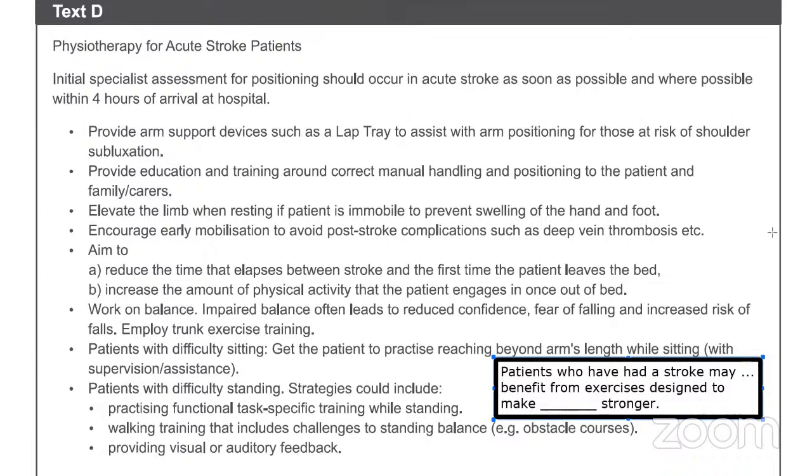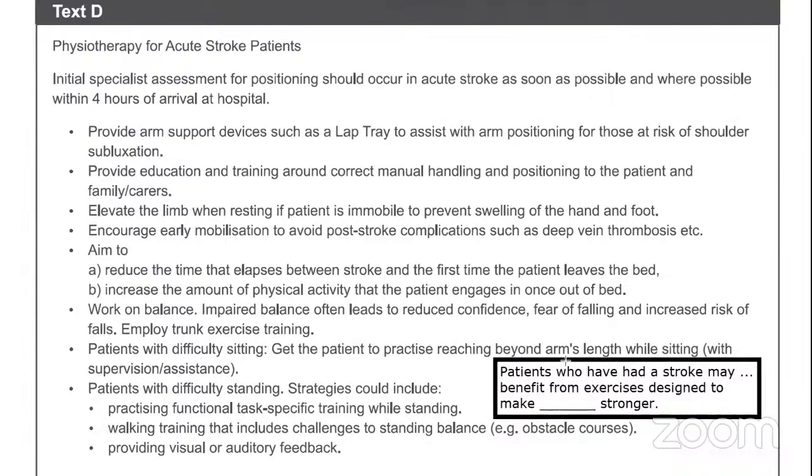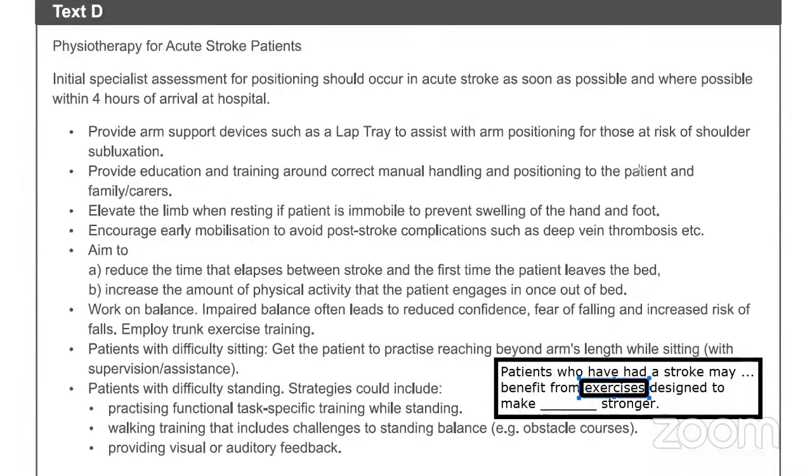Exercises. Patients who have had a stroke may benefit from exercises designed to make dash stronger.